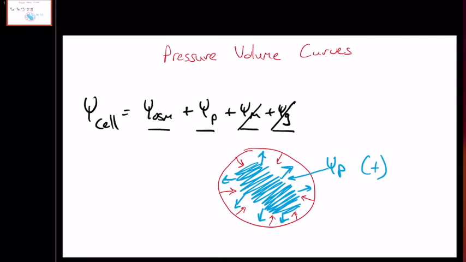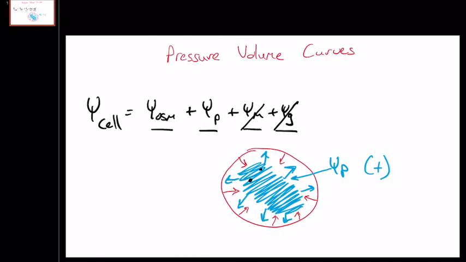At the same time, in this cell contents, I should say, we have sugar molecules. So the black dots represent sugar molecules. And so the number of sugar molecules relative to the number of water molecules is the osmotic potential.